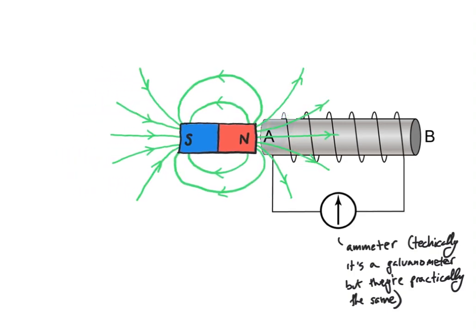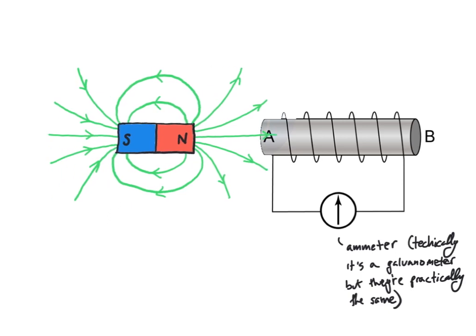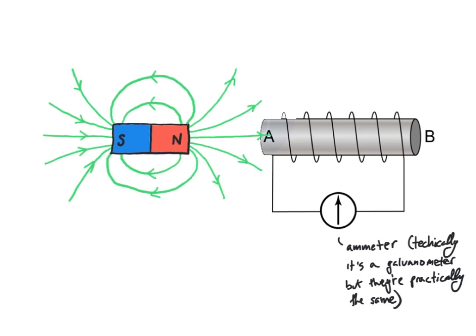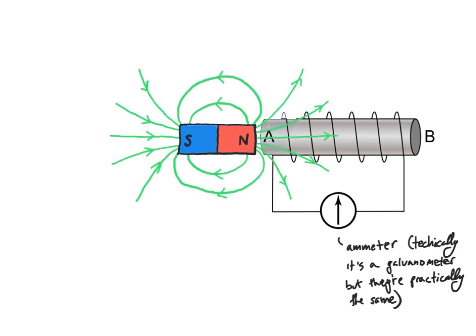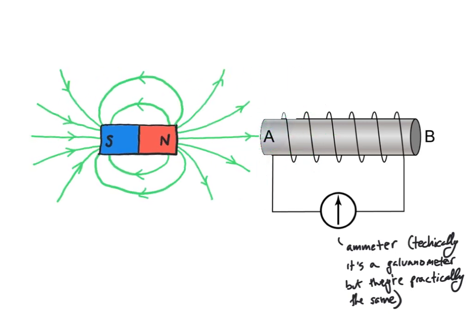There's no battery hooked up to this, and there's no current flowing through the wire, I should say. But when I bring this magnet closer and the magnetic field is increasing, while the magnetic field is changing, there is a current induced in the wire of the solenoid. And in this particular case, there is going to be an induced magnetic field in this direction, to the left.